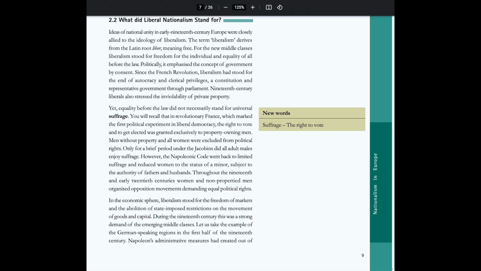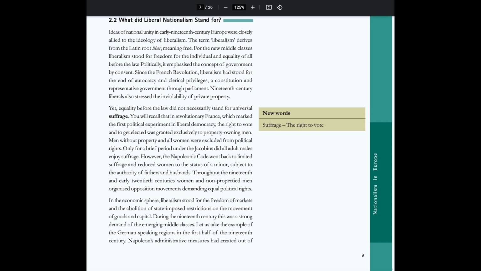Yet, equality before the law did not necessarily stand for universal suffrage. You will recall that in revolutionary France, which marked the first political experiment in liberal democracy, the right to vote and to get elected was granted exclusively to property owning men. Men without property and all women were excluded from political rights.